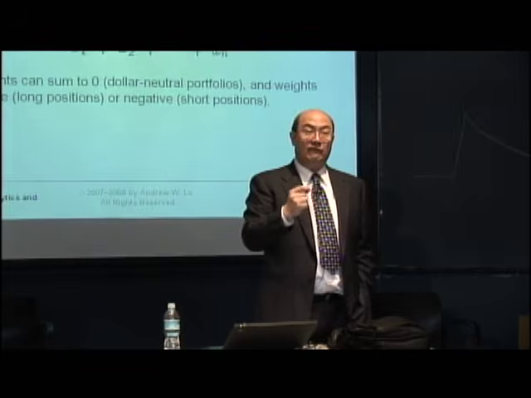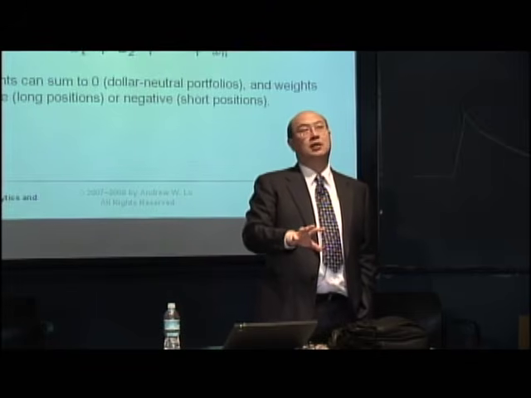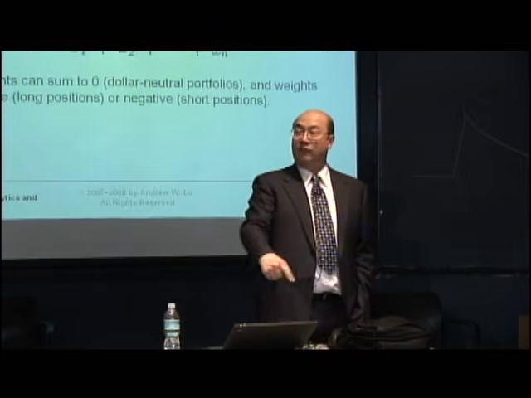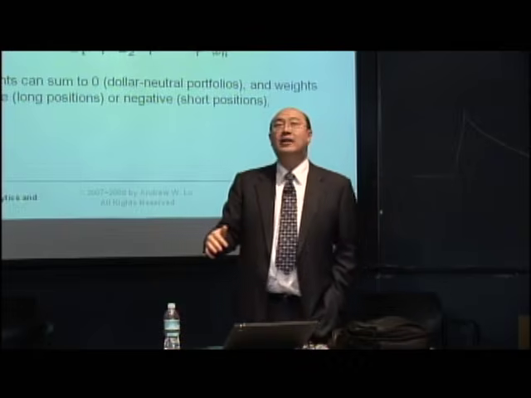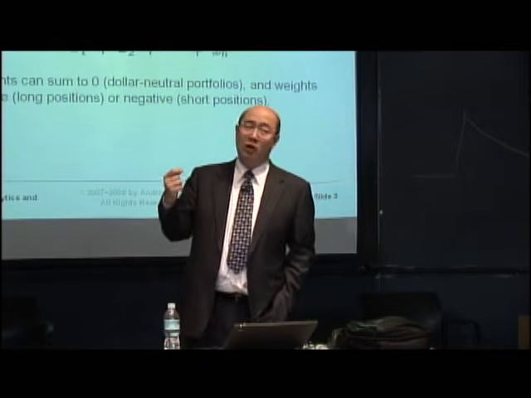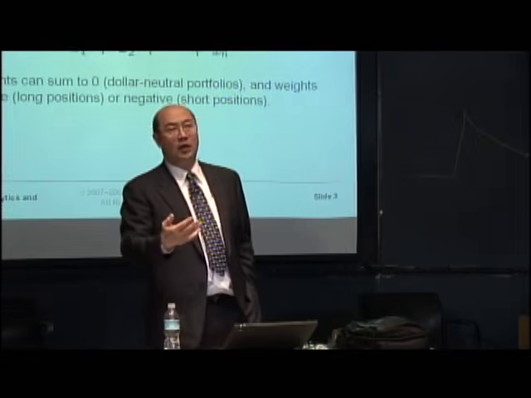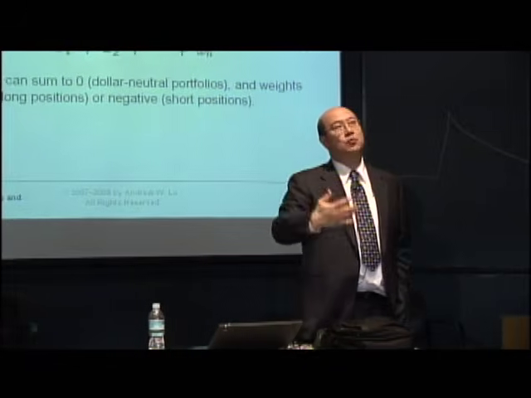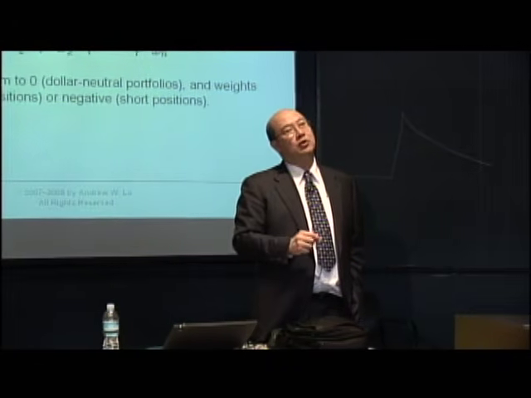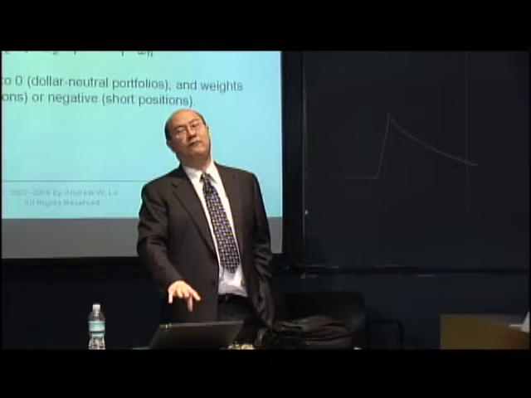So mutual funds were originally not allowed to short sell at all. So for a mutual fund, the portfolio weights were restricted to be non-negative. And certain pension funds were not allowed to short sell. So if you were a pension plan for a state university and you gave your money to investment manager XYZ, that investment manager would be required not to short sell for your portfolio.